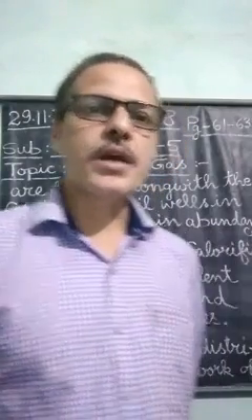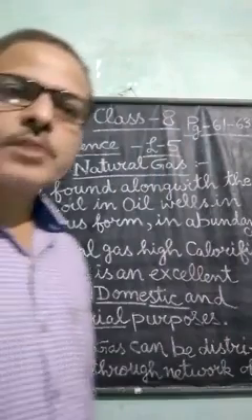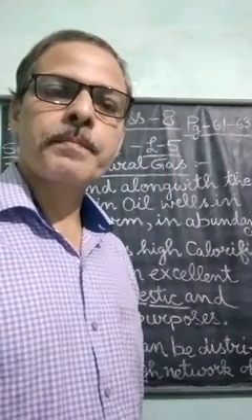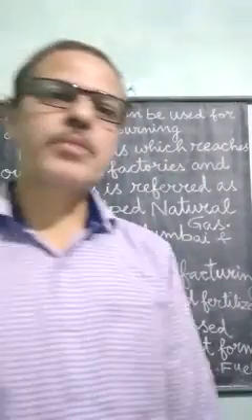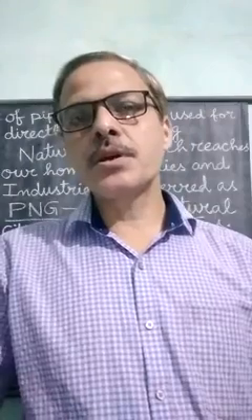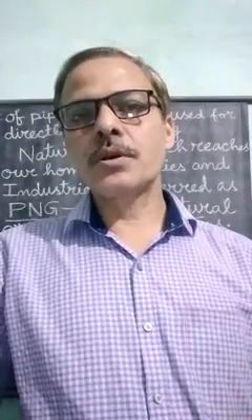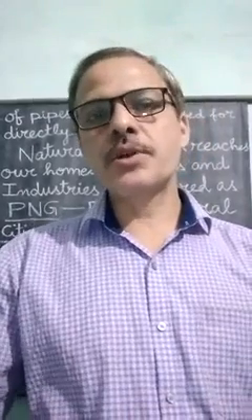Like when we burn the natural gas, or it undergoes combustion, it does not produce smoke. On burning or combustion, natural gas does not produce smoke, and it also does not release various types of toxic gases like other fossil fuels such as coal and petroleum or wood, etc.